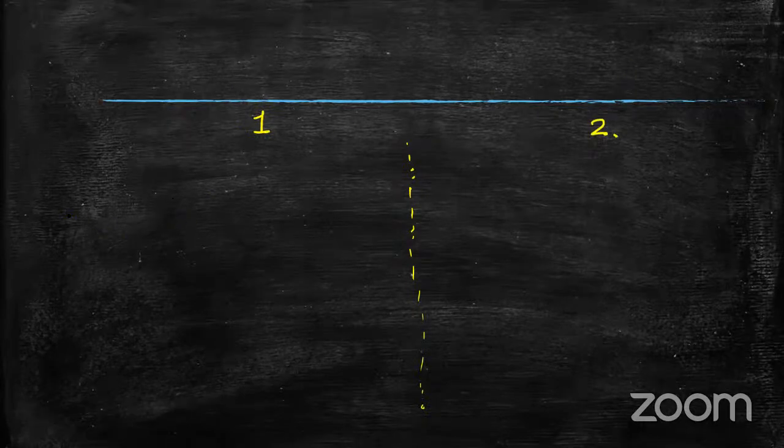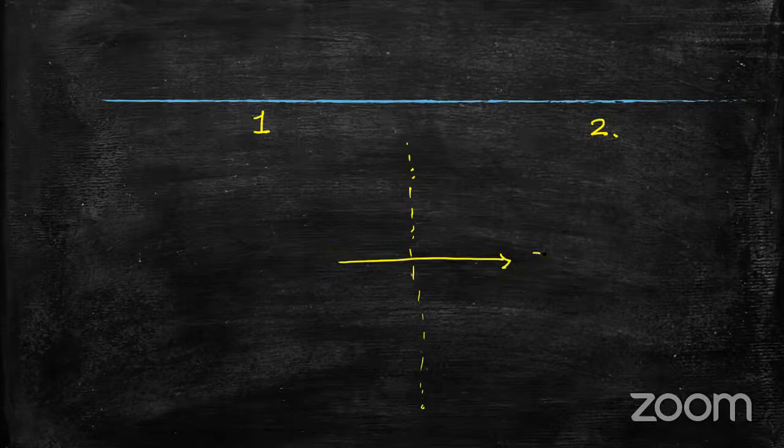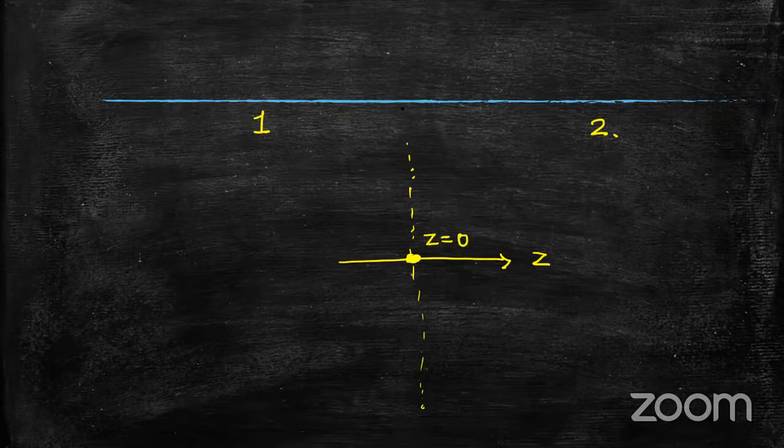Let's say this is the Z direction, and for simplicity the boundary is at z equal to 0.